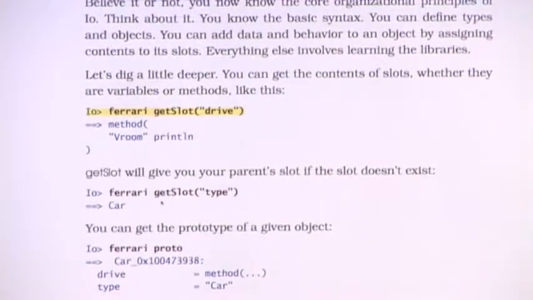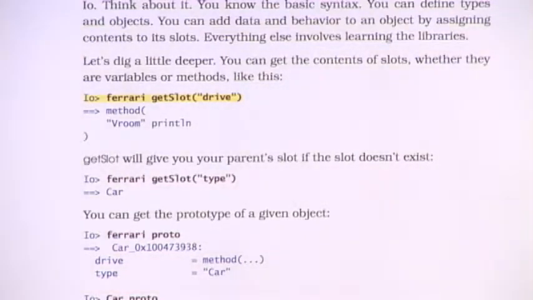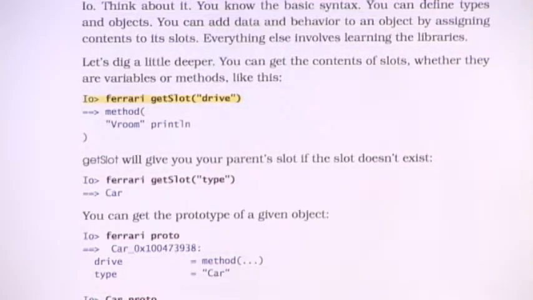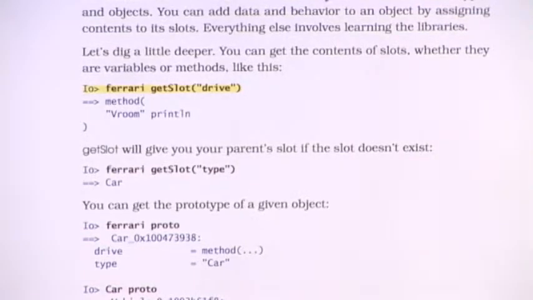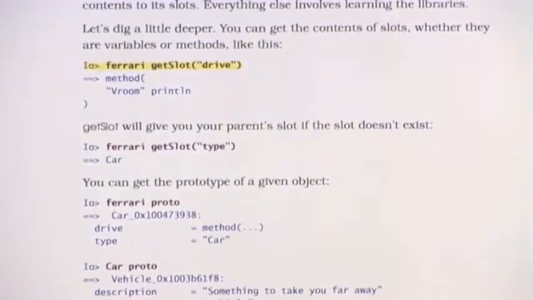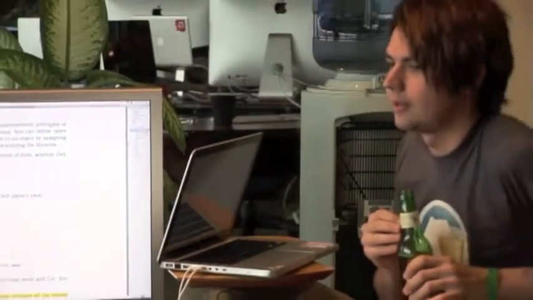And then, each object will have a proto method, in which you can get its proto. In the case of our Ferrari, the proto will be car. If we were to call car, the proto would be vehicle. The difference being between that and type is if we call type on a type itself, we would just get the same return value.